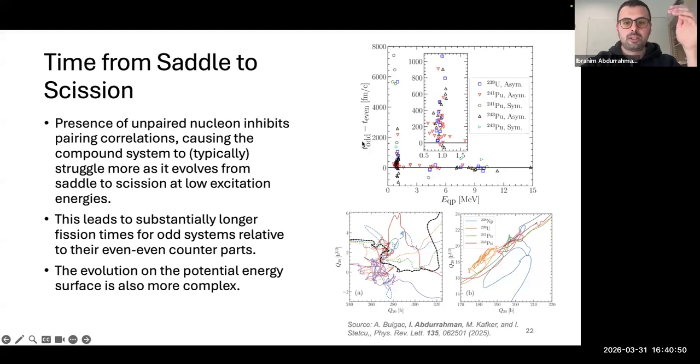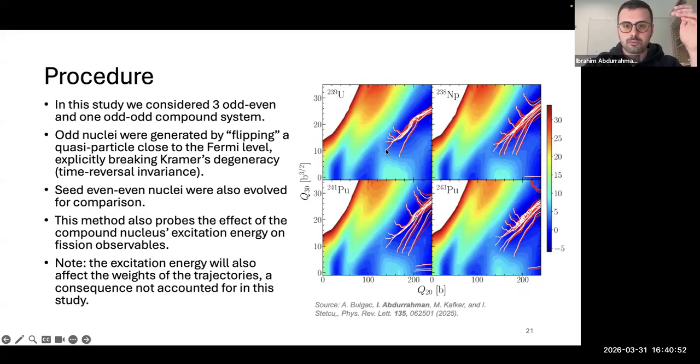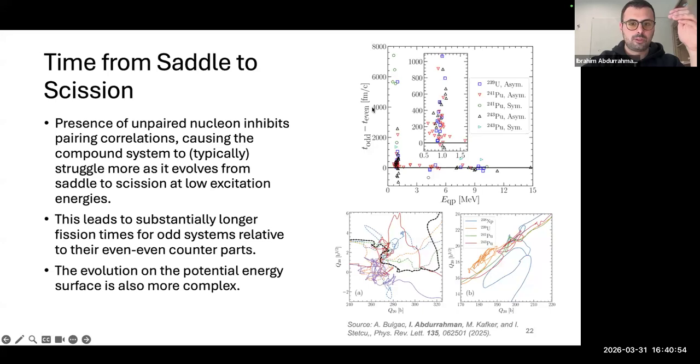We looked at the time it takes for the system to evolve from the saddle point to scission, the formation of two fission fragments. And we saw very systematically at low quasi-particle excitations, the odd system was slower.